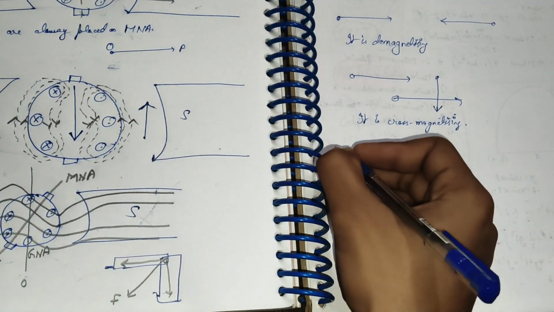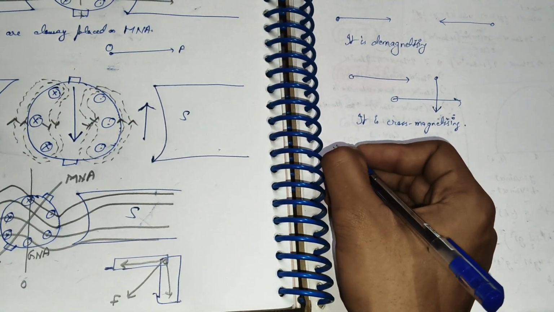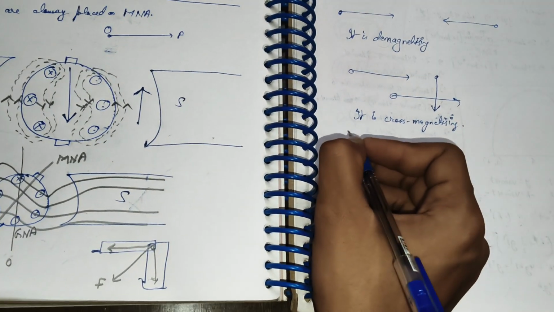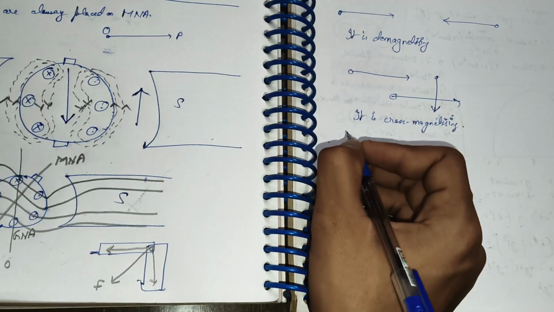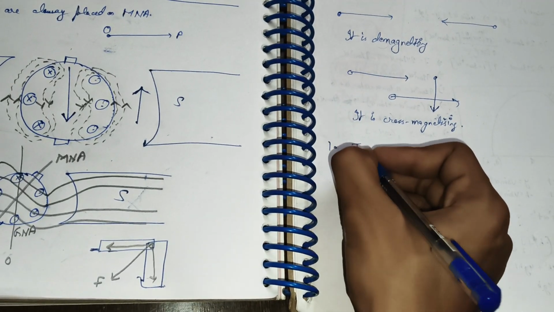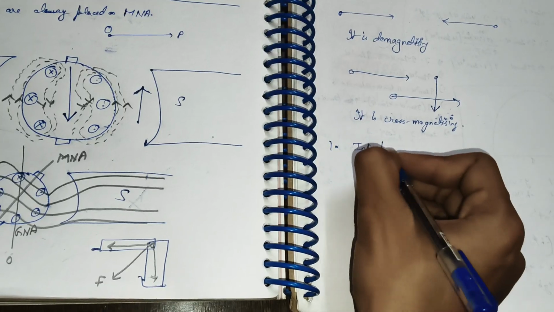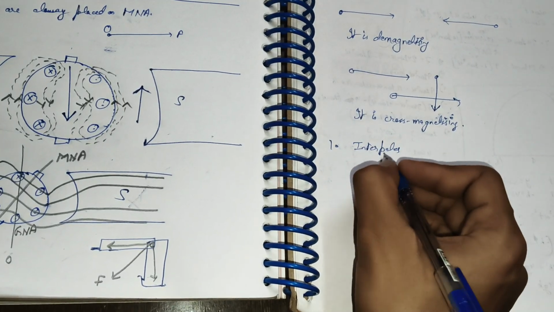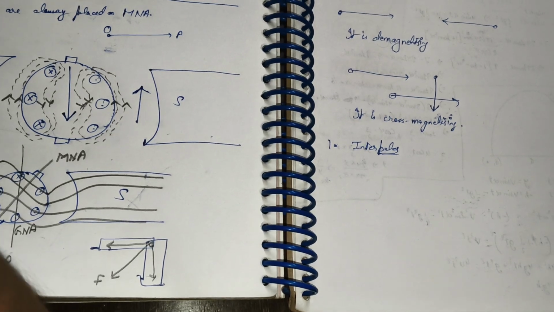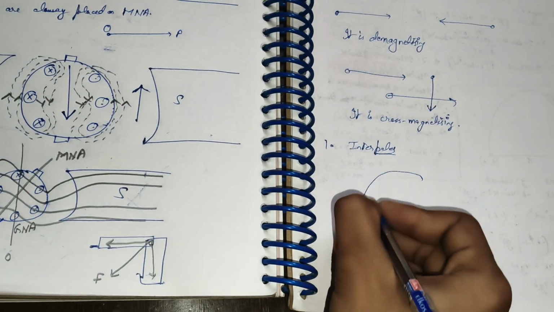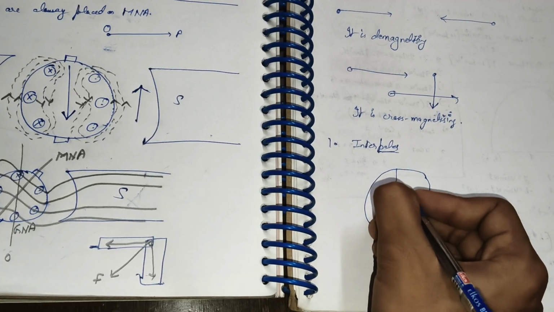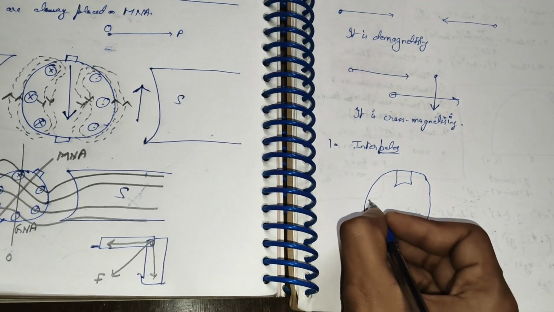So there are methods which are used to reduce the armature reaction. First one is interpoles. As the name suggests, poles. This is a side view of the machine. These are main poles.